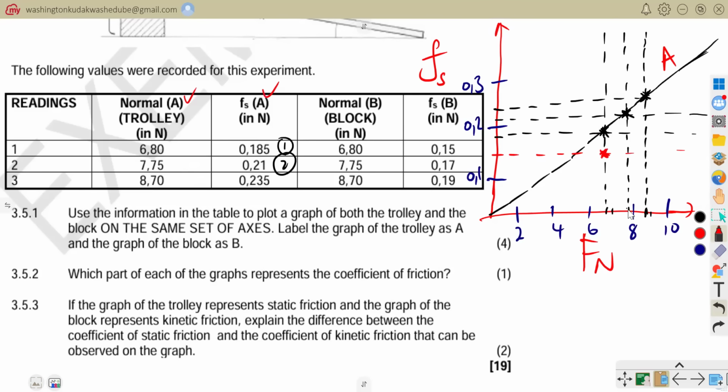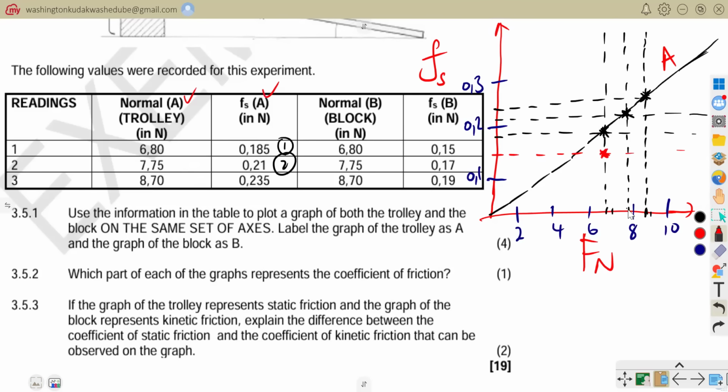So let me show you the graph that they drew themselves. You would see that the graph they drew is just equal. They said we are having the frictional force on this side, and the normal force on that side.